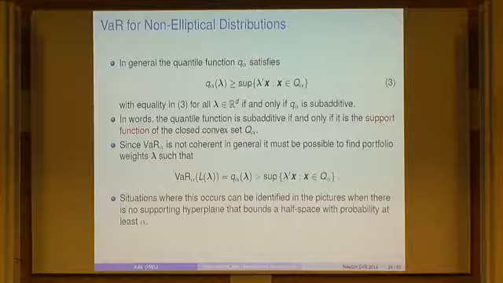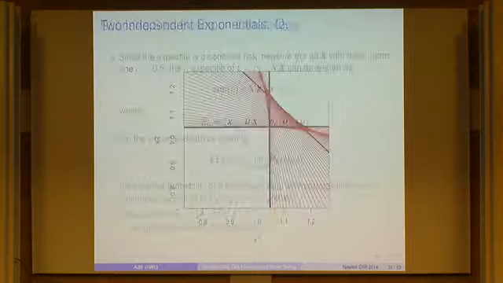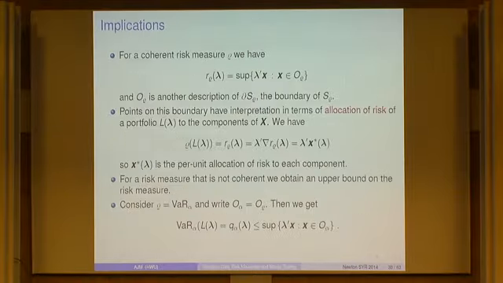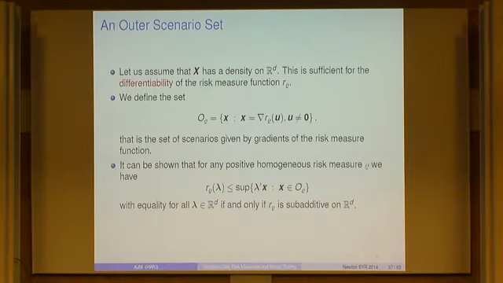So this inequality is no use for bounding value at risk above. So one of the motivations for the fifth section is actually to get an upper bound for value at risk in the situations where subadditivity breaks down. Okay, and that is obtained through an outer scenario set.